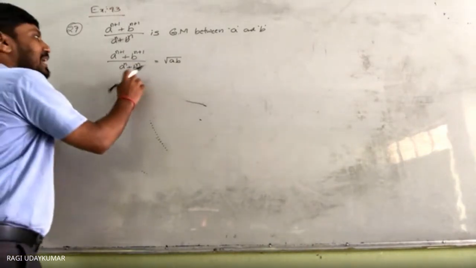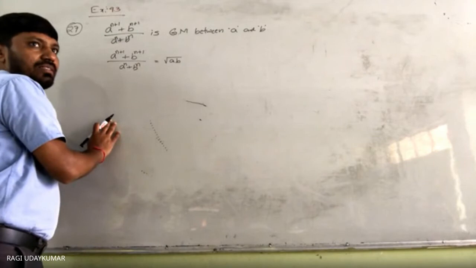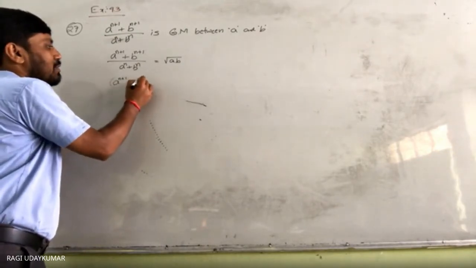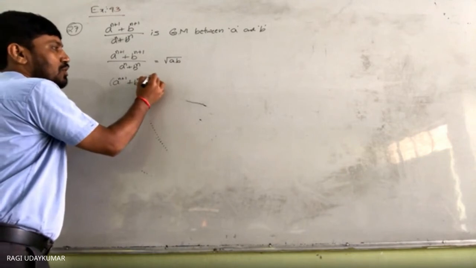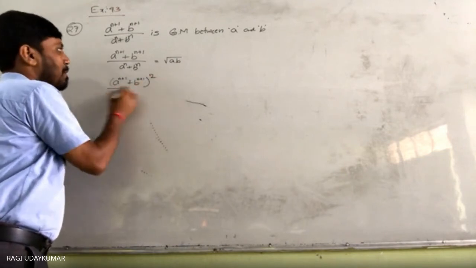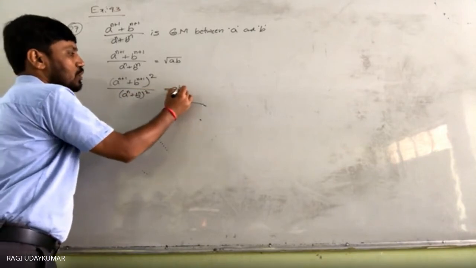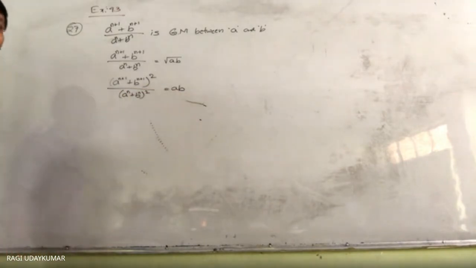For that, take the square on both sides. Squaring both sides: (a^(n+1) + b^(n+1))^2 / (a^n + b^n)^2 is equal to ab. Take the denominator to the right side.